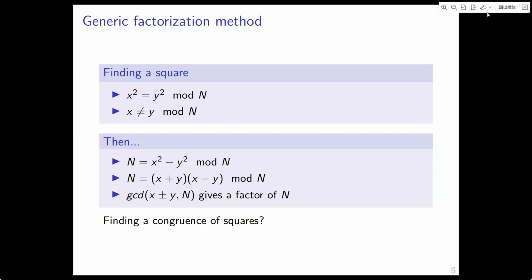If you have x squared equal to y squared mod n, and x is different from y, then thanks to this, the GCD gives a factor of n. Now the question is how do we find this congruence?